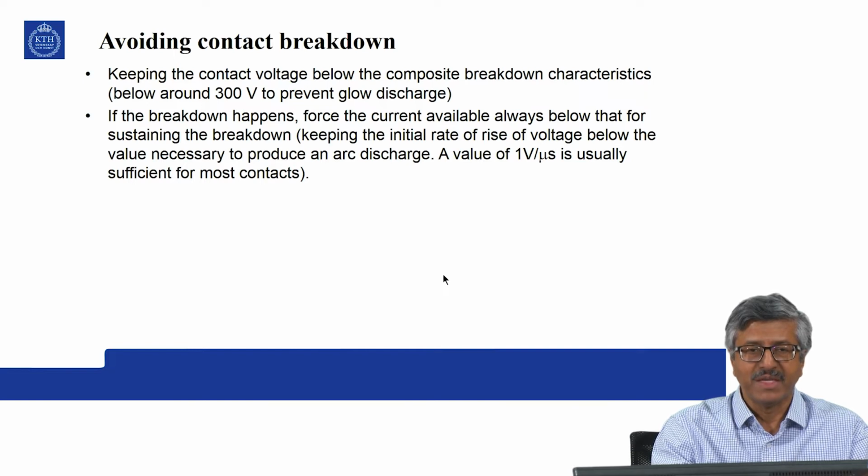So the rate of rise of voltage is very important in forcing the current available below that value. Say a value of 1 volt per microsecond is usually sufficient for most contacts. So you keep it below that value, then you can prevent arcing.